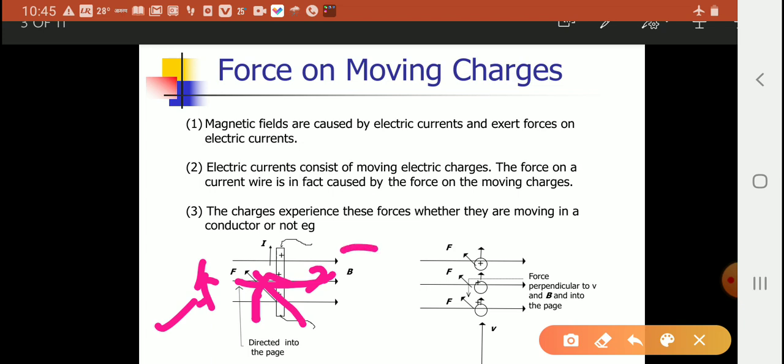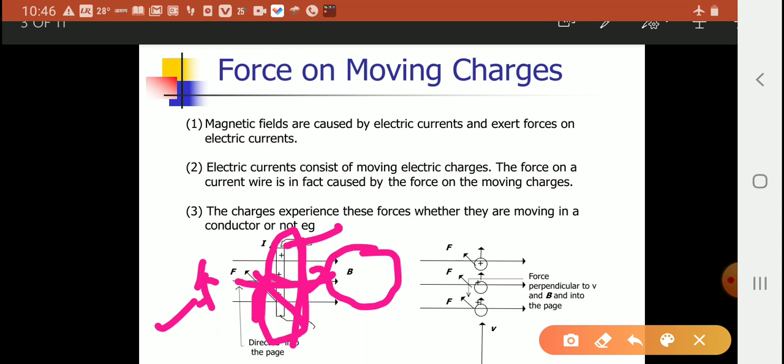B is the magnetic flux that passes through the electrical current and exerts force on the electrical wire. These are the positive ions in a rod. The force applies whether they are moving in a conductor or not.